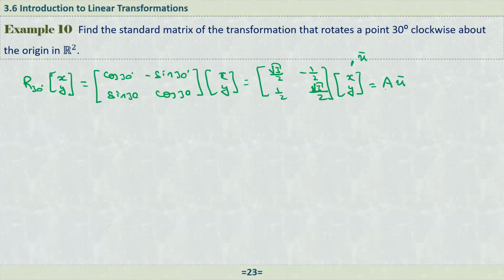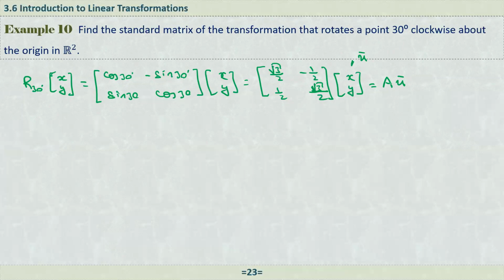Now how can I find the standard matrix of the transformation that rotates a point 30 degrees clockwise about the origin? Since this one is rotating anti-clockwise, its inverse will rotate clockwise. So if I find the inverse of this matrix, that gives us the standard matrix of the transformation that rotates a point 30 degrees clockwise about the origin in R2.